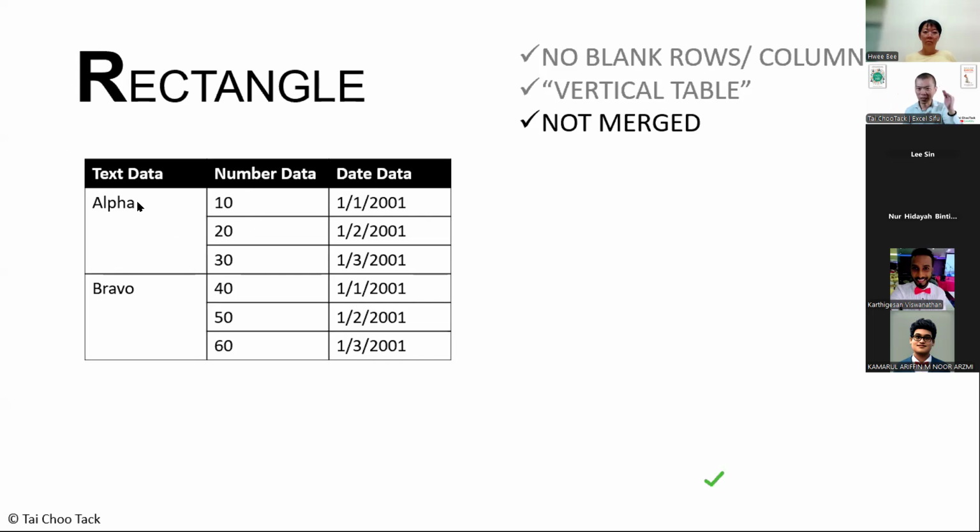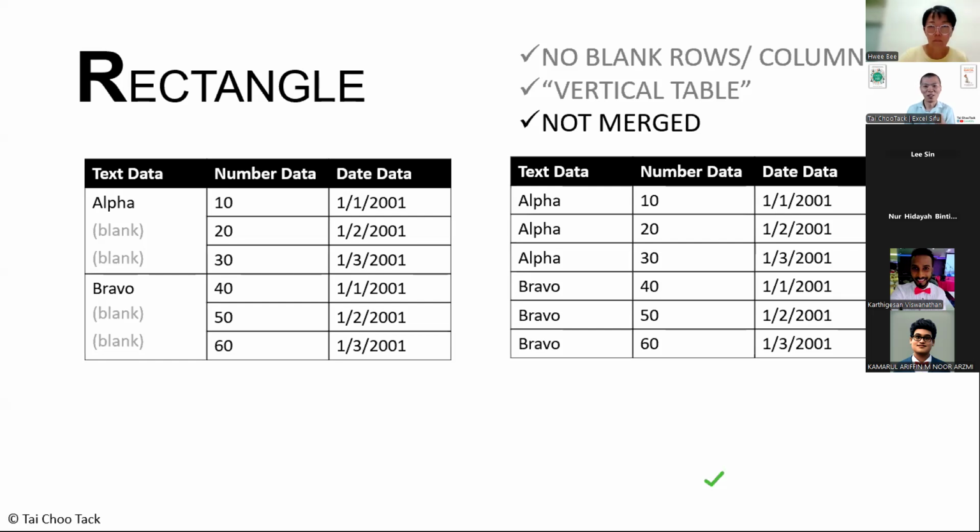But if I filter the merged cell for alpha inside Excel, I can only see number 10; 20 and 30 are blank. This is the behavior of merged cells in Excel. So what to do? We don't want to merge, so that we can do the analysis later on. So this is about rectangle.